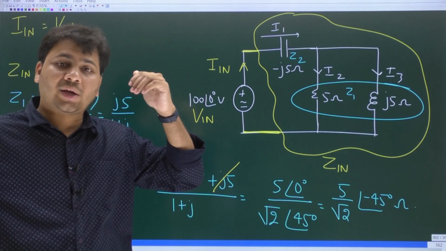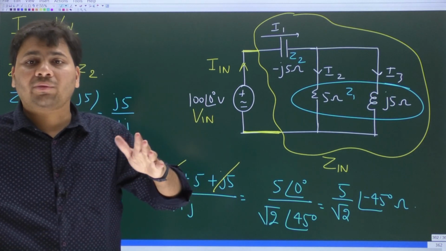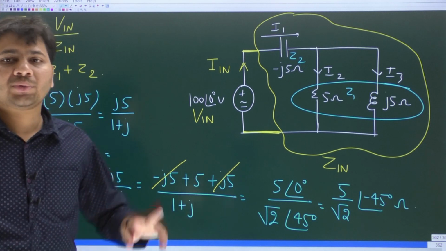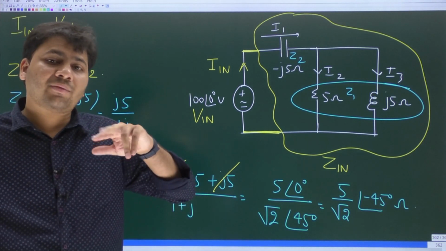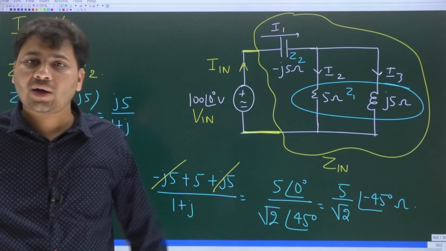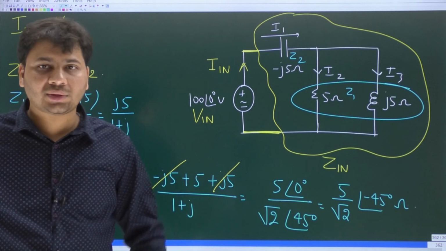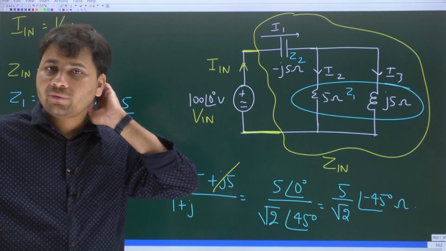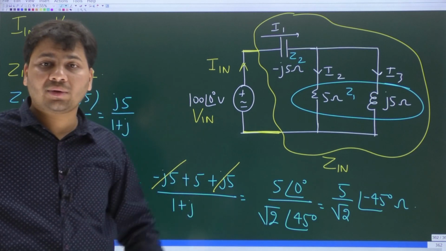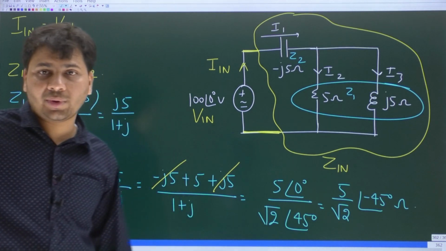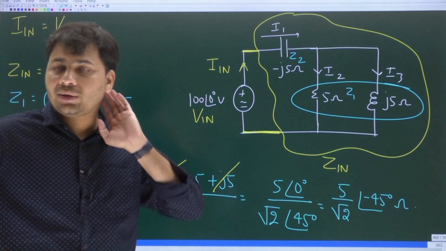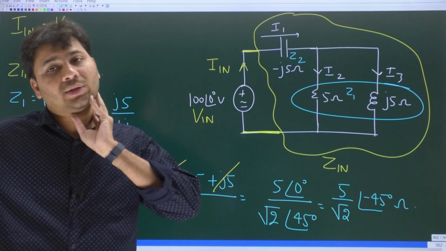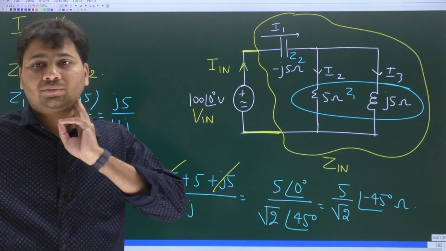Angle minus 45 degrees, that means what? Phase of the input voltage minus the phase of the input current is minus 45 degrees. That means phase of input current minus phase of input voltage is plus 45 degrees. Whenever input impedance angle is negative, that means IN leads VN. If IN leads VN, that means the overall nature of the yellow color network is capacitive.